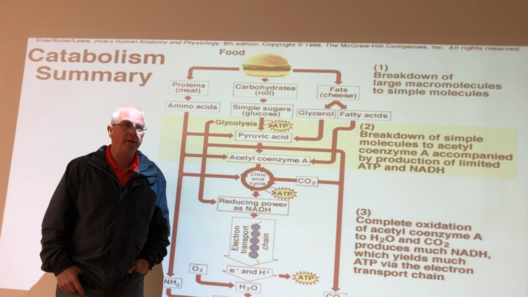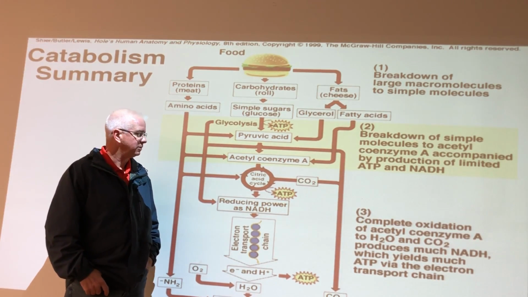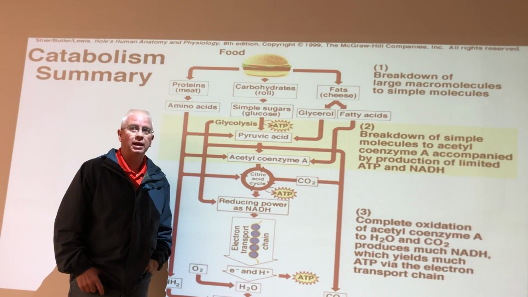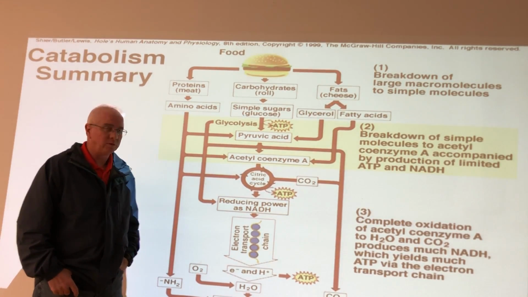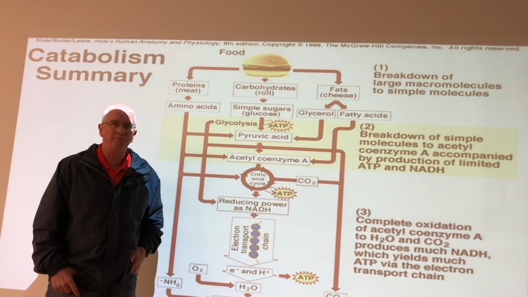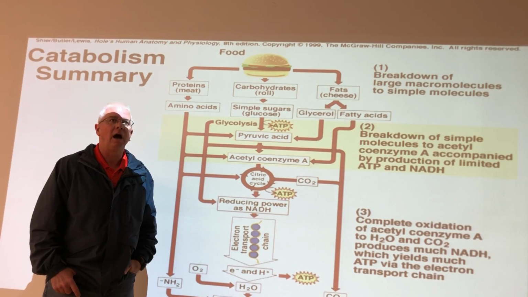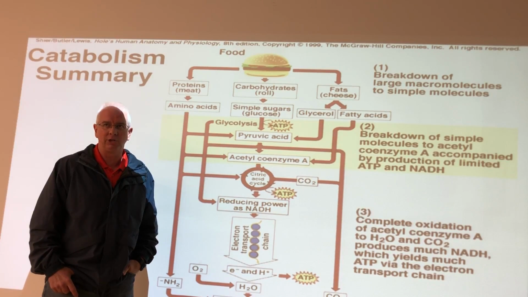So anaerobic and aerobic pieces, 3 major steps: glycolysis, the citric acid cycle, electron transport chain. Last thing, and then we'll start through it. In parentheses, by the electron transport chain, I want you to put oxidative phosphorylation. It's a big fancy science word, and I'm going to explain it at the end of this. Oxidative phosphorylation.